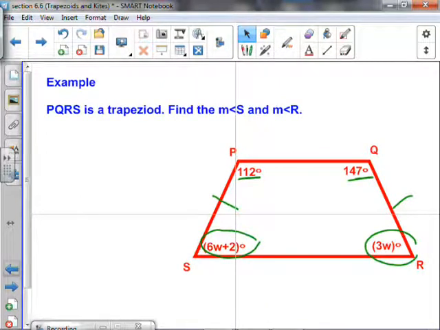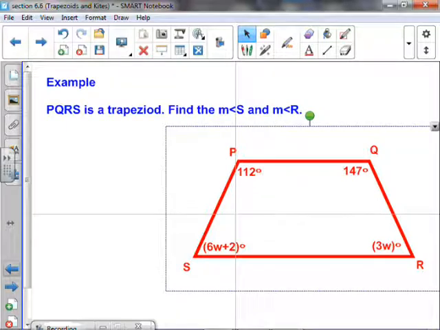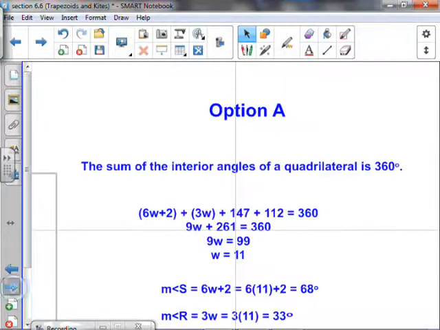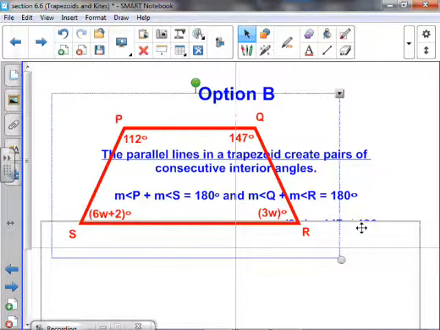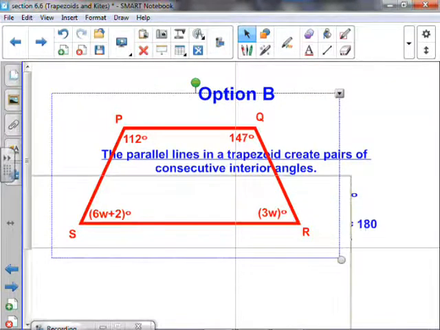I'm going to erase this real quick, then copy this picture, go to option B here, and paste it. Okay, I'll make that a little bit smaller.